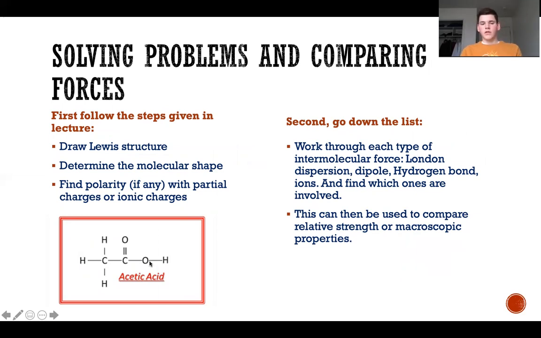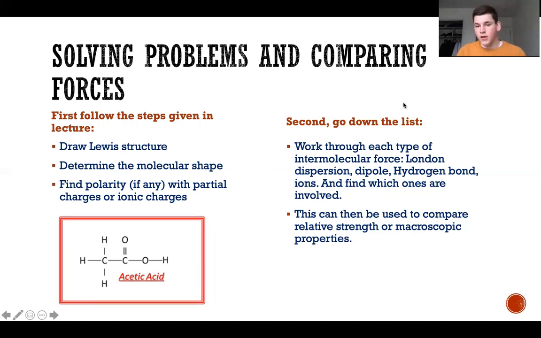And so it is a polar bond, especially here with the oxygen and hydrogen. So we know that we've got this asymmetrical molecule. We've got some polarity in the charges. So now let's break it down and see what forces are at work here.